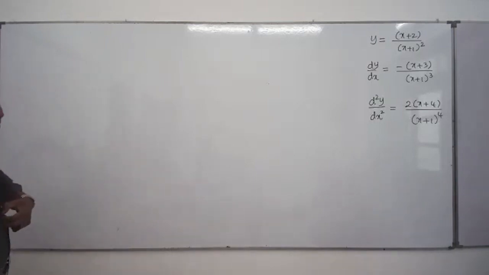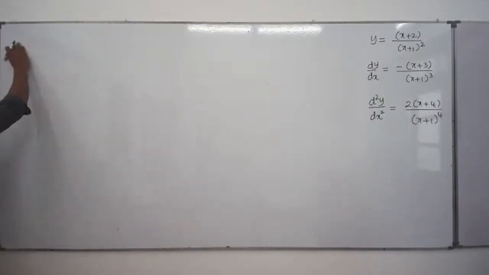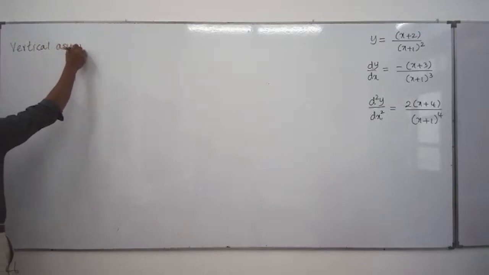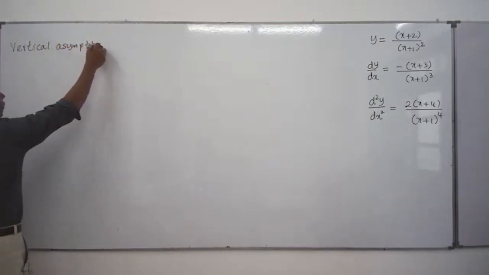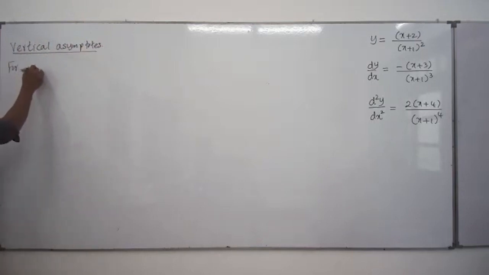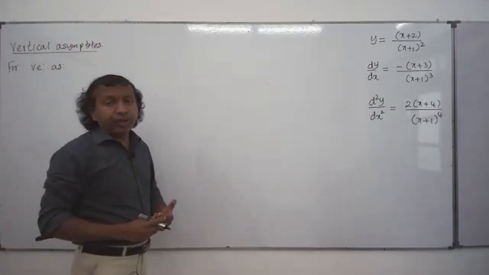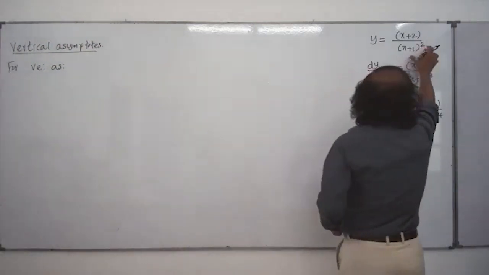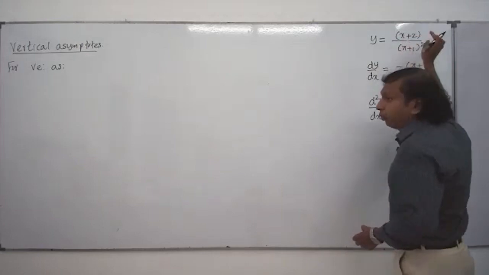Okay, first one you can write vertical asymptotes. For vertical asymptotes, we take the denominator of the function and make it equal to 0.